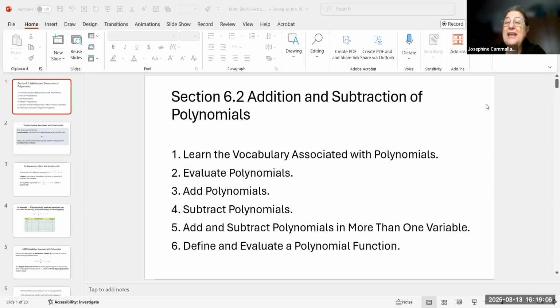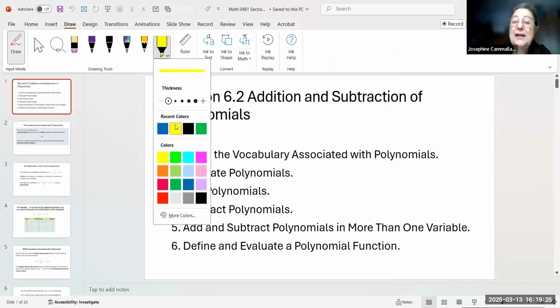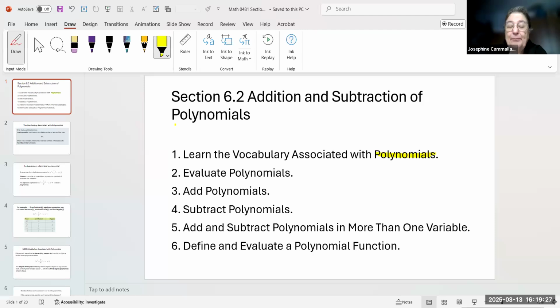6.2. Yay! Now, we talked about rules of exponents in 6.1. Now we're going to be working more and more with what we call exponents. And we are entering into the world of polynomials.